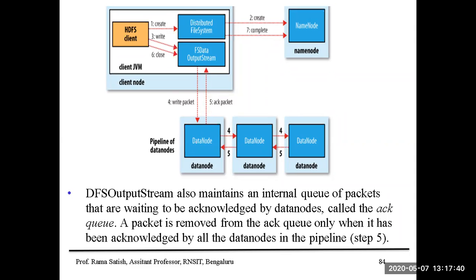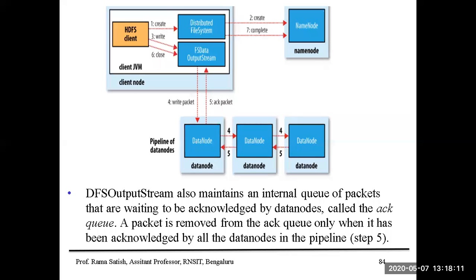A packet is removed from the acknowledgement queue only when it has been acknowledged by all data nodes in the pipeline. Once you get acknowledgement from all the data nodes, the packets are removed from the queue, and a new queue is created for the next set of blocks.